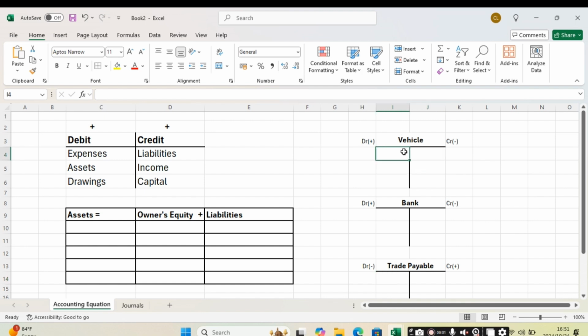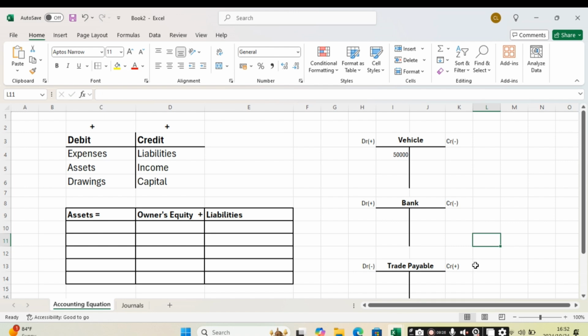So vehicle, say for example, we have a transaction that says we bought a vehicle worth 50,000. So we bought a vehicle, our assets are doing what? They're increasing because of that vehicle that we bought. Say they said we bought it cash.